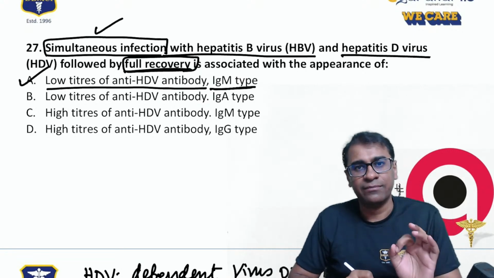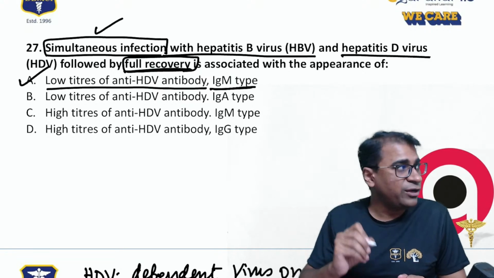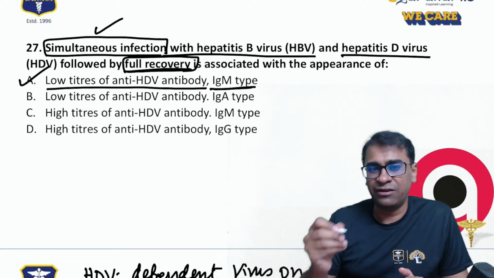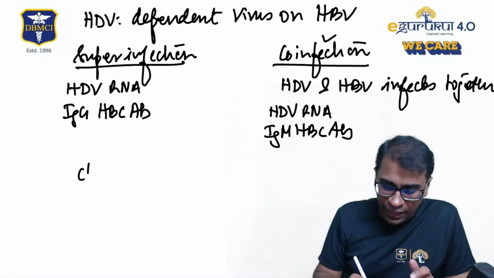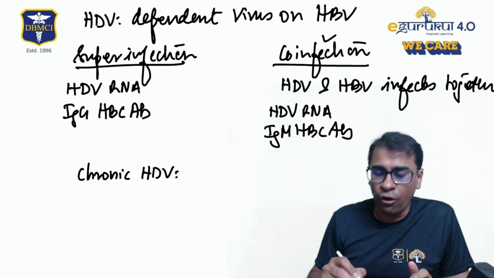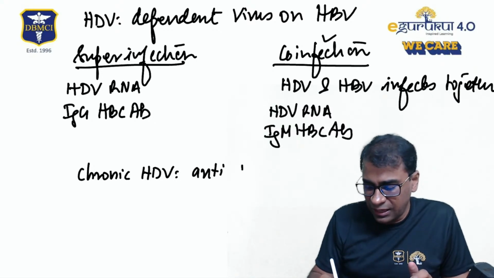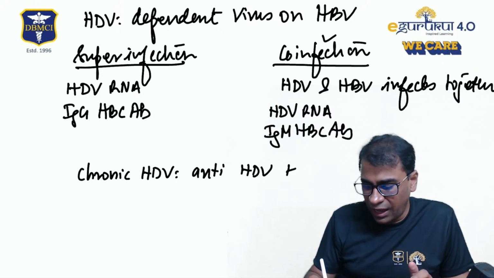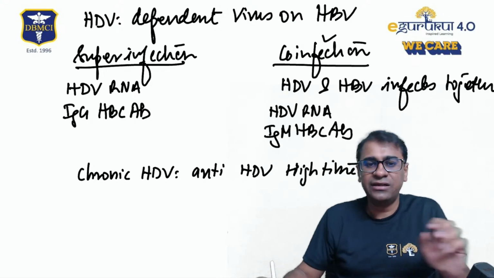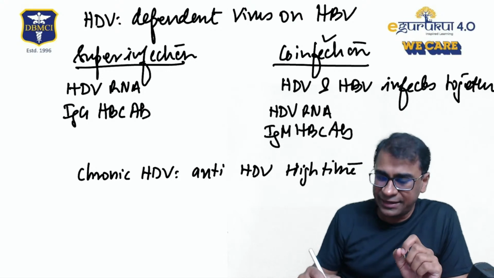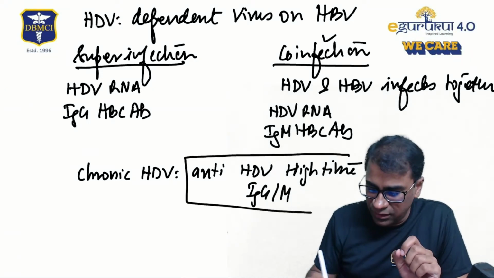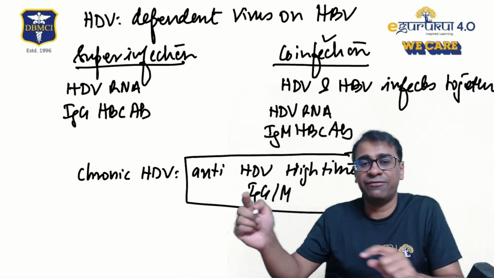Answer must be A. Sir, when to mark it high titer? In a chronic HDV infection, often you get anti-HDV in a high titer, and it can be both IgG and IgM.